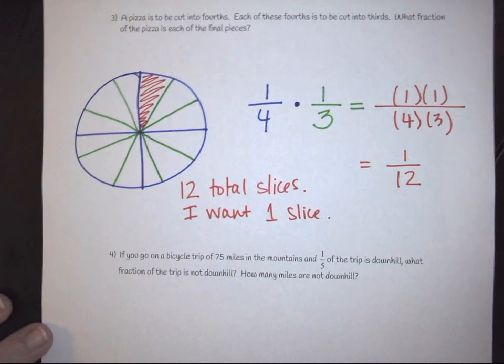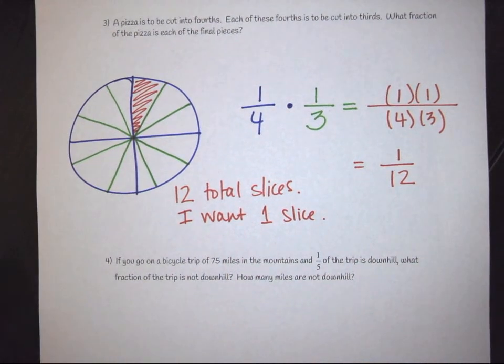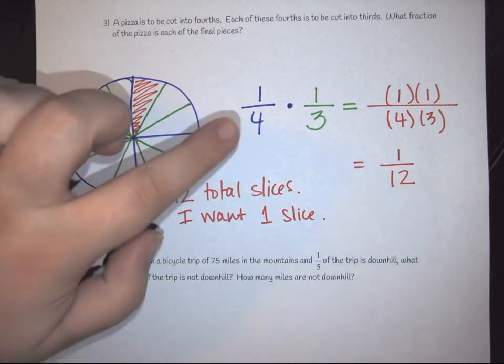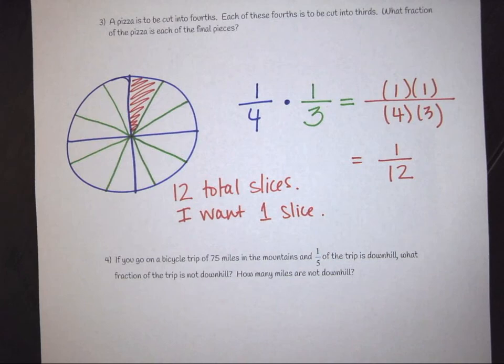So that goes back to the beginning when we were talking about part to the whole. In this case, looking at the fraction of the pizza that's in the final piece, your part would be taking 1 slice. The whole would be how many slices we were working with, thus you get 1/12. So that's a different way to look at that problem, but this is the math that we're doing here. Okay.